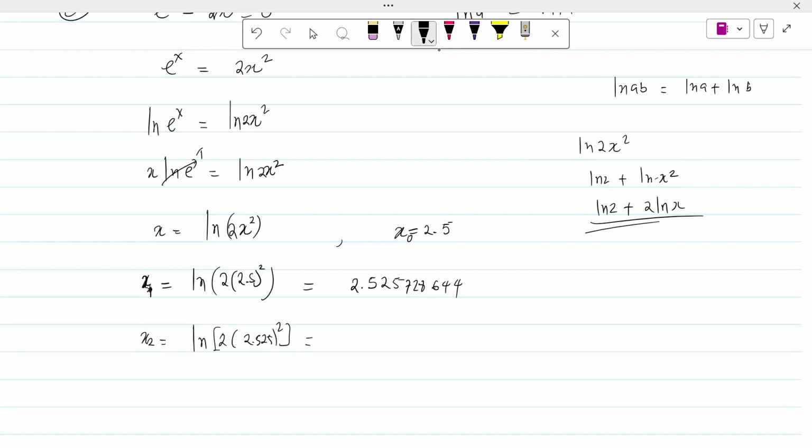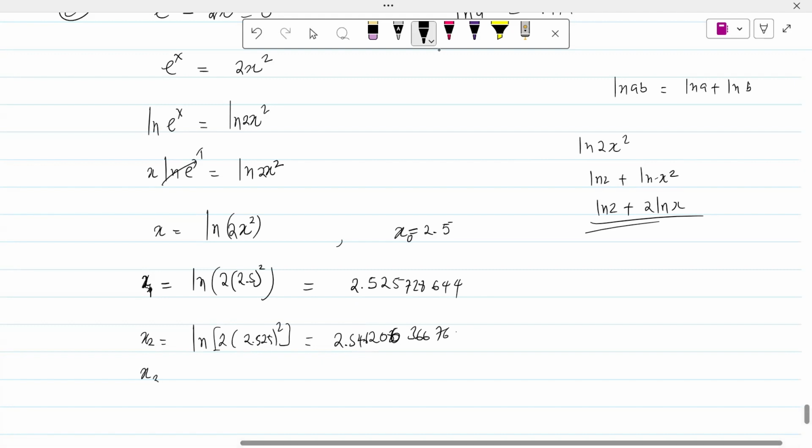I'm getting 2.546, confirm? Yes, 2.546206. And then you see what is happening, right? We're actually trying to approach 2.6, isn't it?